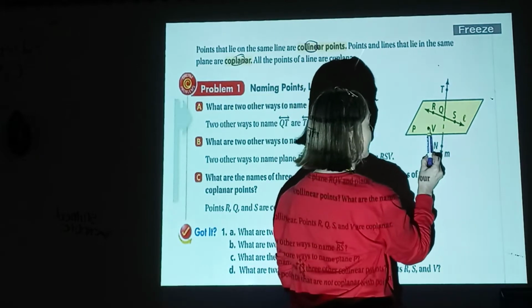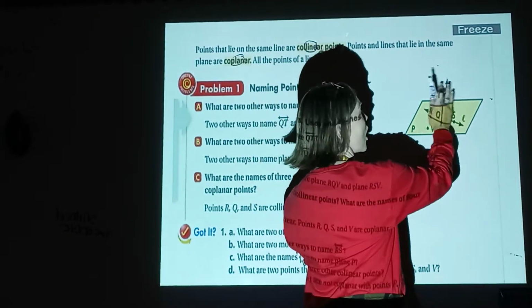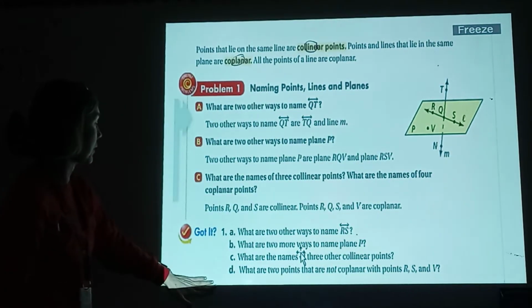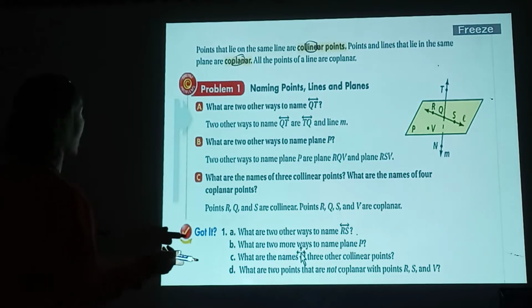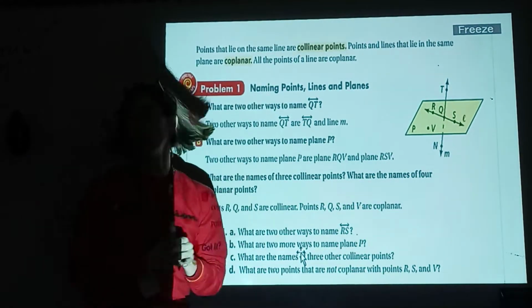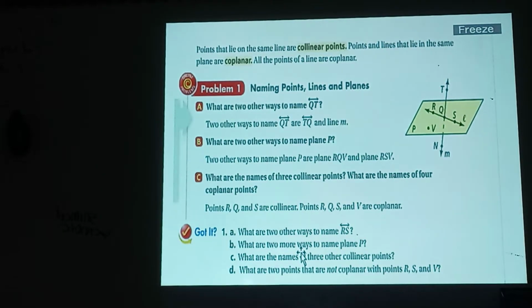And then points V, S, and R are coplanar because they're on the same plane, okay? And we're going to go over these examples live together, but I just want you to get collinear and coplanar, okay? We'll go over those examples together. So now let's scroll up once again.